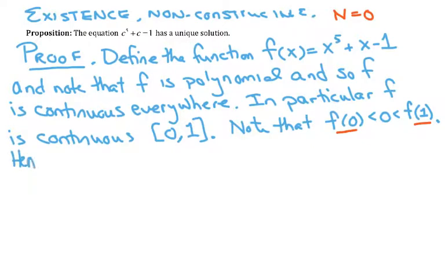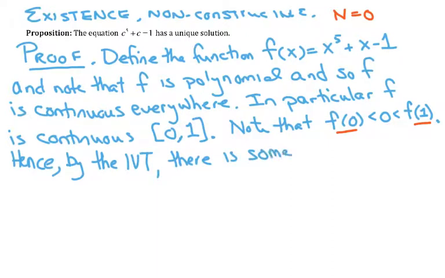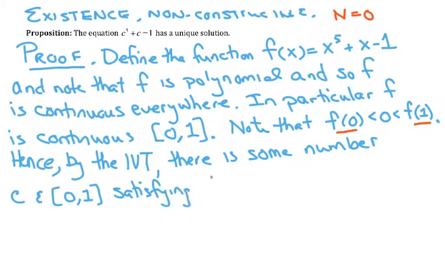So, hence, by the intermediate value theorem, which I'm going to be lazy and abbreviate, there is some number c. Where is c? It's in this interval 0, 1, satisfying f of c equals 0.